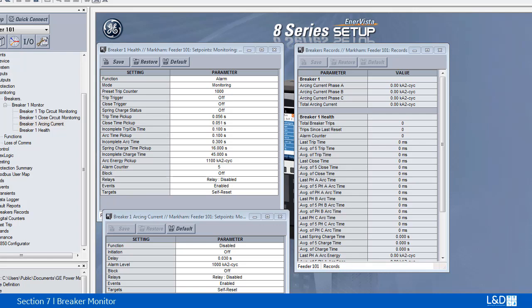The scheme is equipped with 3 incomplete sequence timers for trip, close, arcing, and the charging time. It automatically resets the related time interval after the programmed delay.